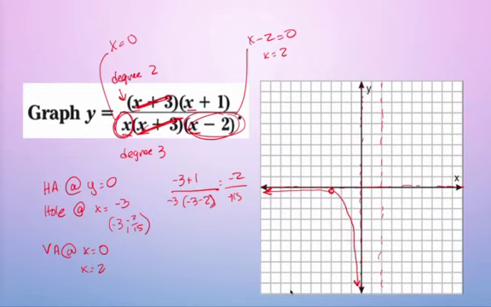If we pick a number like 1 and we plug this into the function, 1 plus 1 over 1 times 1 minus 2, the 1 plus 3 cancels out, that's going to be 2 over negative 1, so that's negative 2 here. So the function's going to be negative.